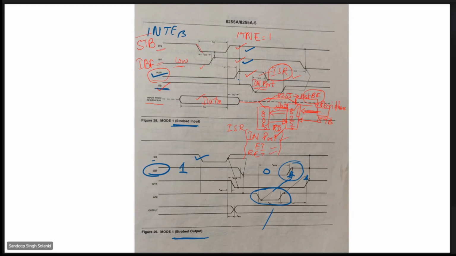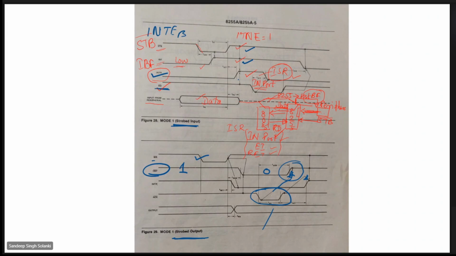Definitely your process here will begin with data writing, but the data writing will be done when? Only when the output buffer is free, then only the data has to be written.